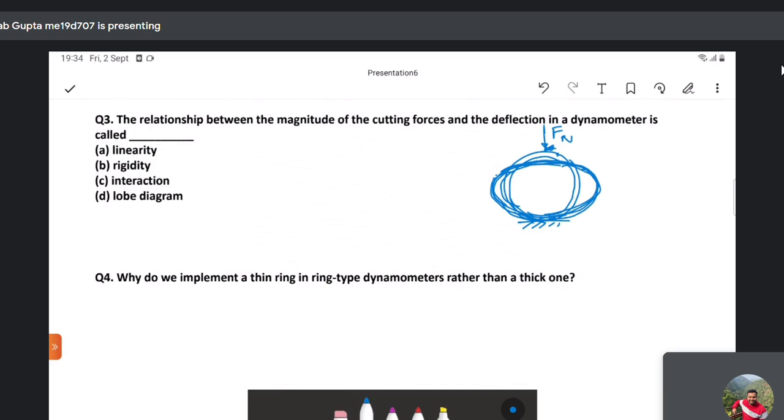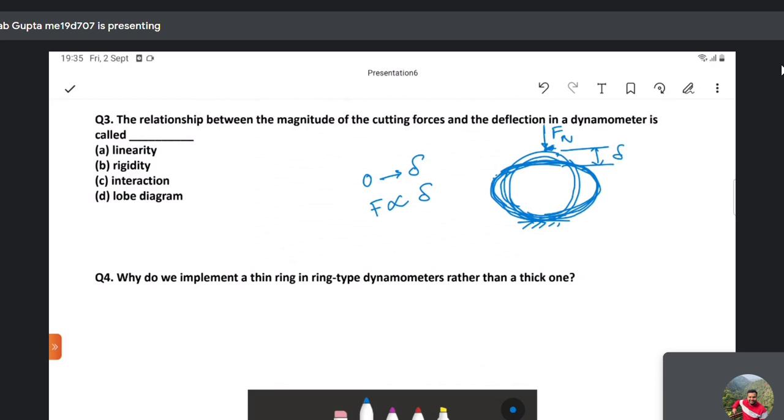Now see, this particular deflection is happening, and we are quantifying it by delta, say. We need to ensure that during this regime, from 0 to delta, during this deformation, the F is directly proportional to delta.